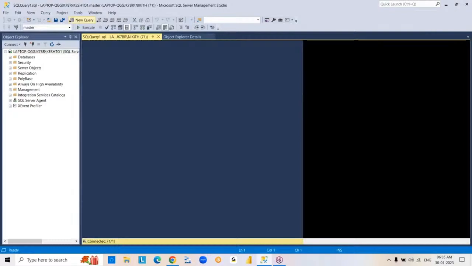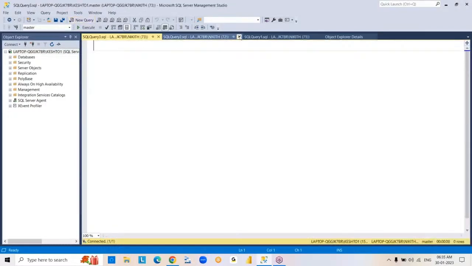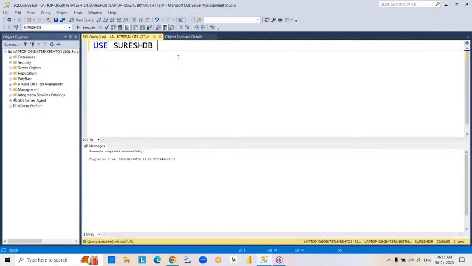This where I'm clicking New Query. So after clicking on New Query, you have to select your database. Suppose my database name is Suresh DB. Use Suresh DB. That means I'm going to connect to Suresh DB database. See, we have written some command here. How to execute this command? See here, you can go for execute button. See, like this.